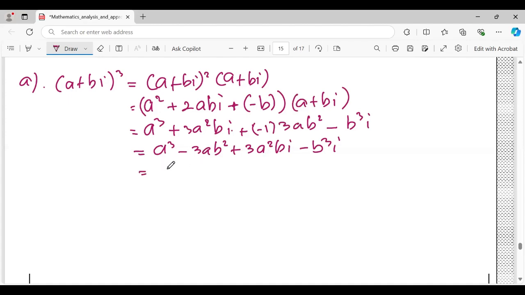And I'm going to factorize it: 3a squared b minus b cubed, times i.